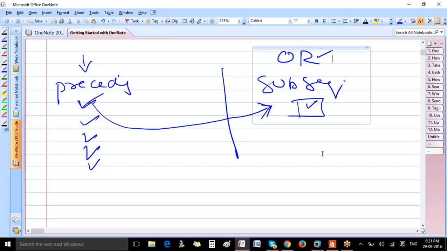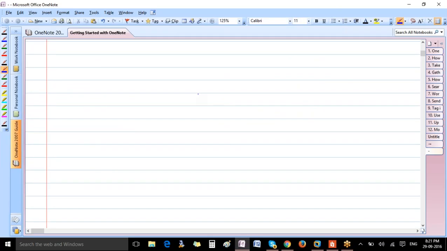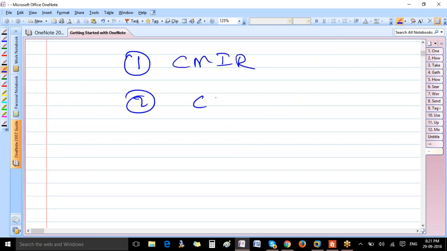Okay. So how a plant is automatically determined in the sales document is based on three criteria. The question is, what is the criteria to determine a plant into a sales document? It is based on this sequence: first CMIR, second customer master, and third material master.